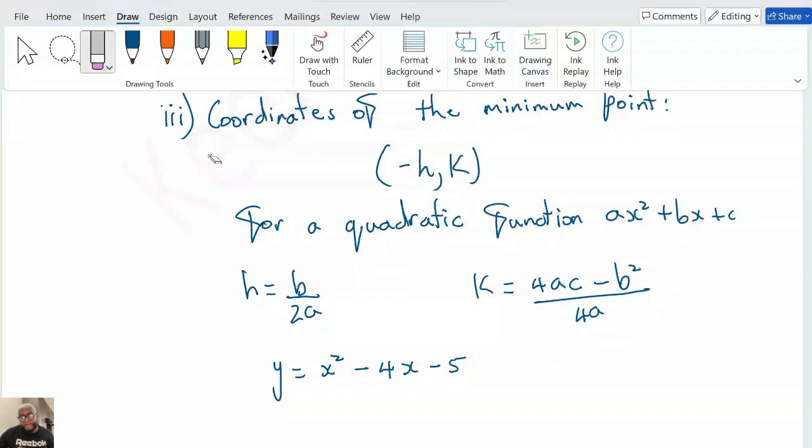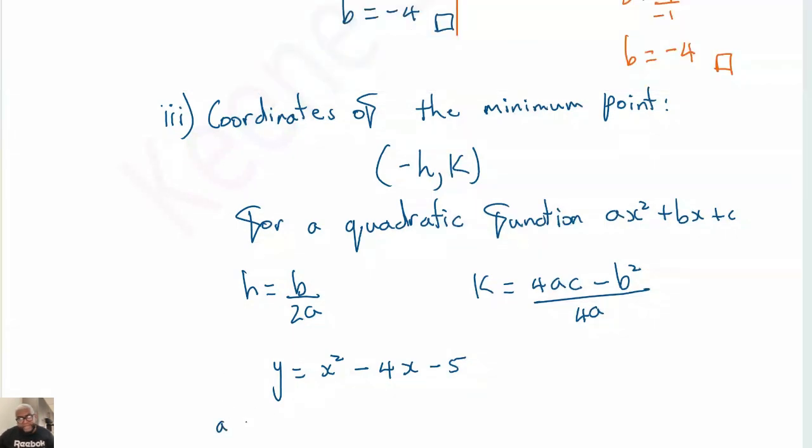Tell me what's A, what's B, and what's C here? Robinson in yellow, A is equal to what? What is A? A is equal to what? A is 1 because it's the number in front of x squared. What is B?